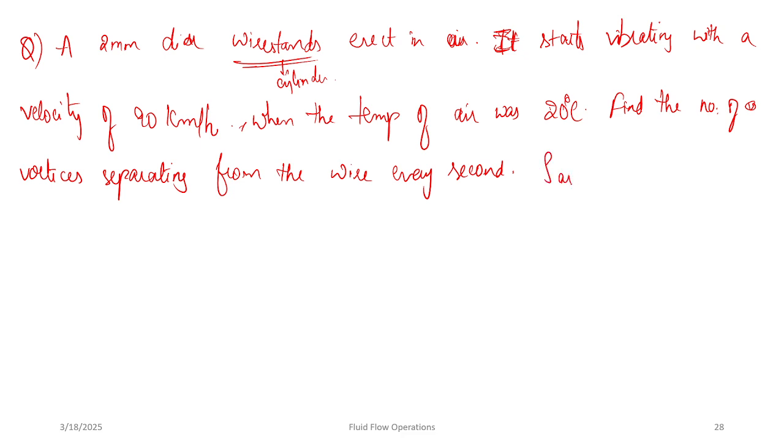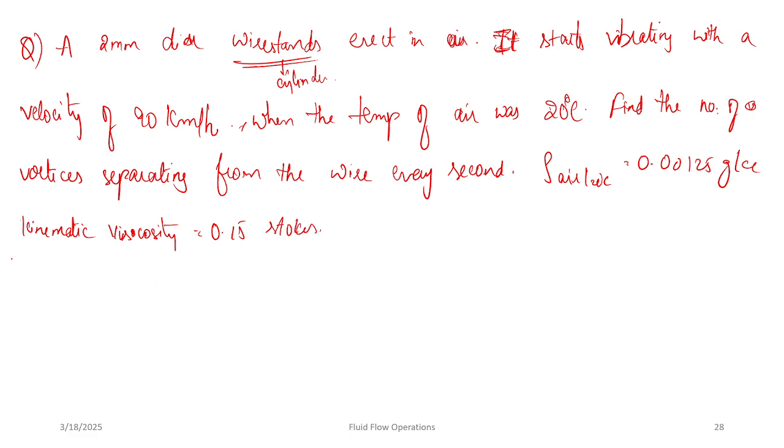The density of air at 20 degrees centigrade is 0.00125 gram per cc, and the kinematic viscosity is given as 0.15 Stokes.